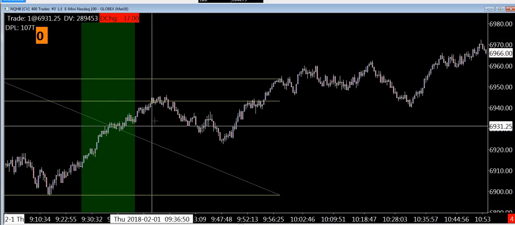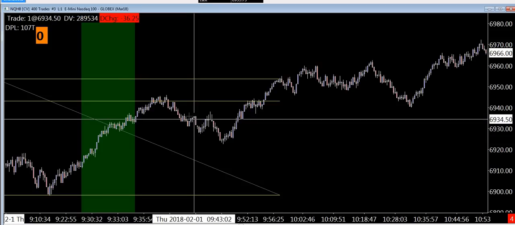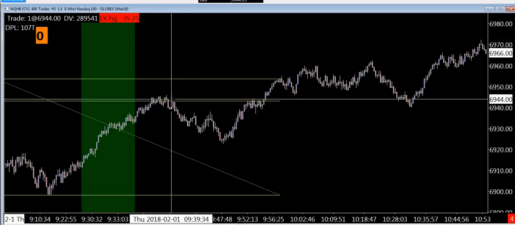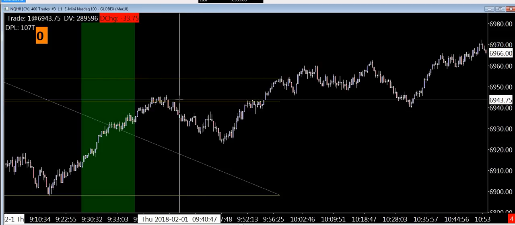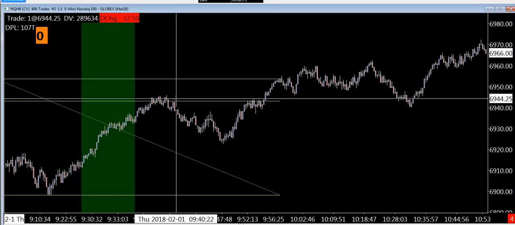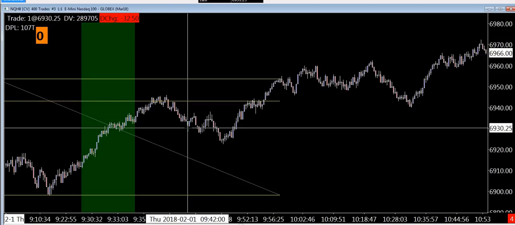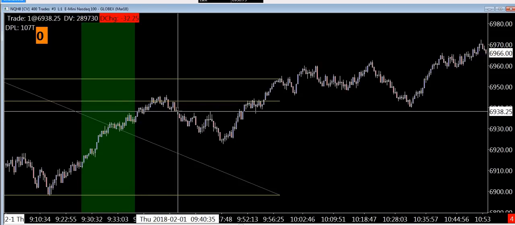Now you got this 1, 2, 3 over here, which we don't really grab anything, but meanwhile you would have gotten in over here on this 2B break right up there at about 44, and it never comes near you again. Even if you took it down to here, that's 24 ticks right there.